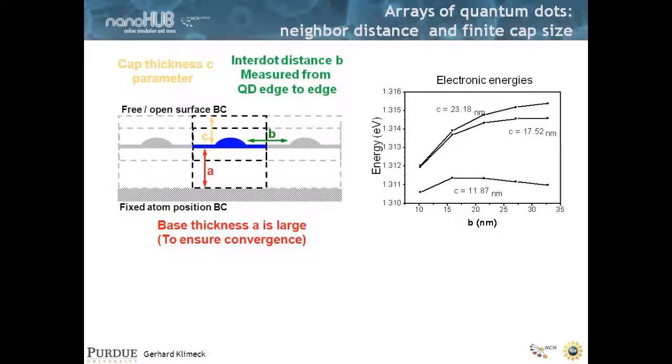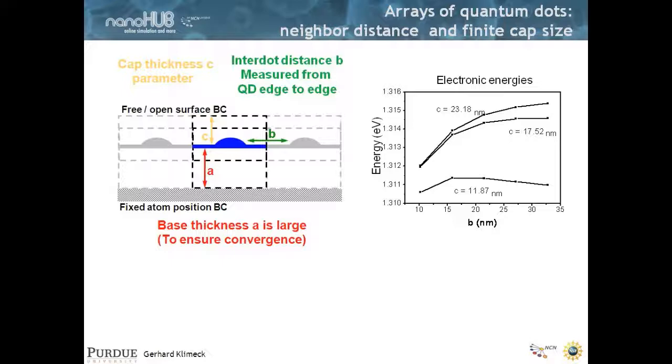So here are now the eigenenergies as a function of lateral distance, and for 3 different caps. And it's not written on this slide how large A is. I have to put that on the slide.